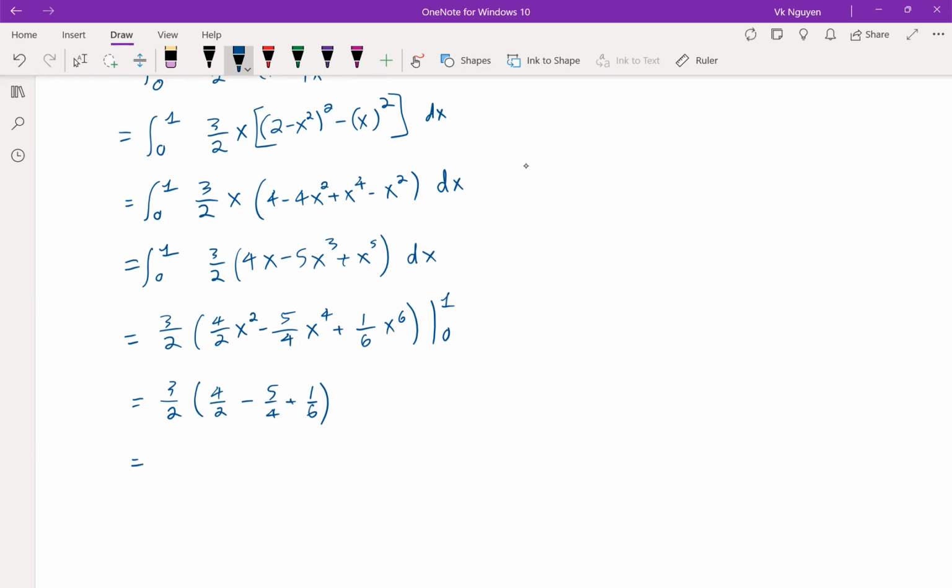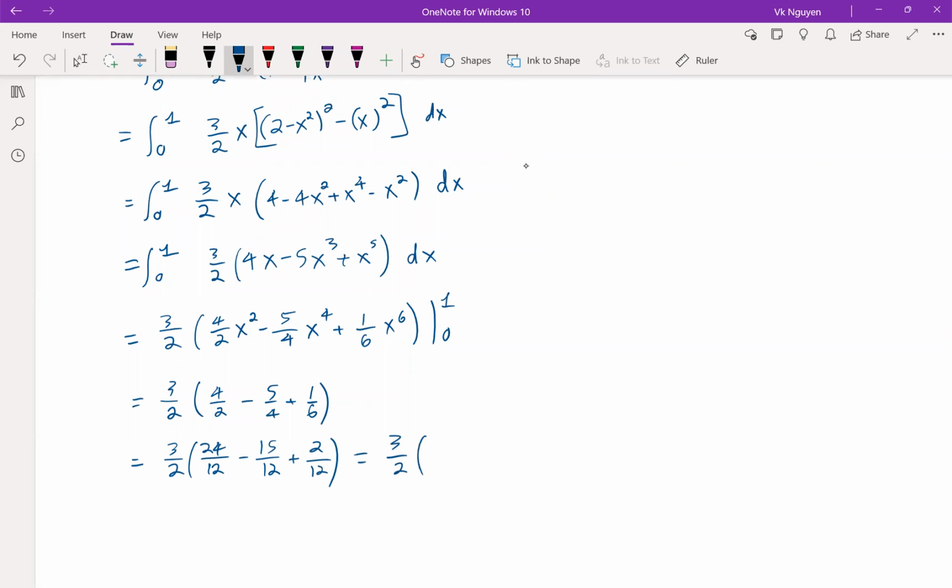The common denominator is 12, right? So it's going to be 3 over 2 times 24 over 12 minus 15 over 12 plus 2 over 12. 3 over 2, and what do we have?